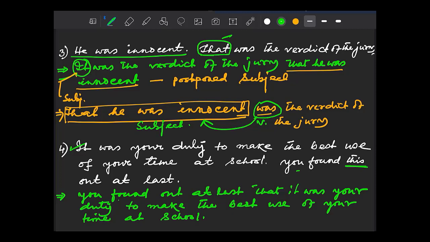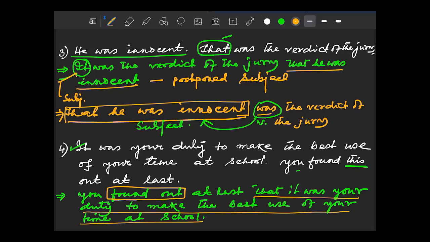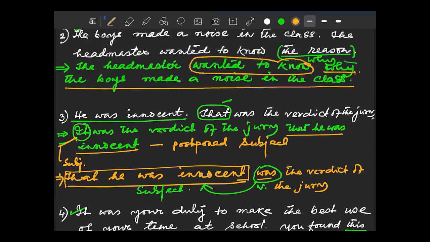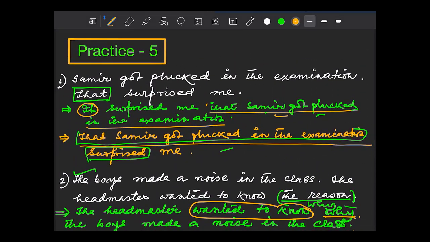Okay, here found out is the verb, and that it was your duty to make the best use of your time at school is the clause object to this verb, found out. So this is the answer to your sheet number 5.